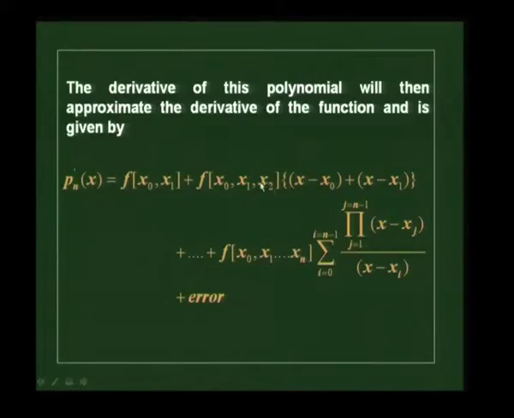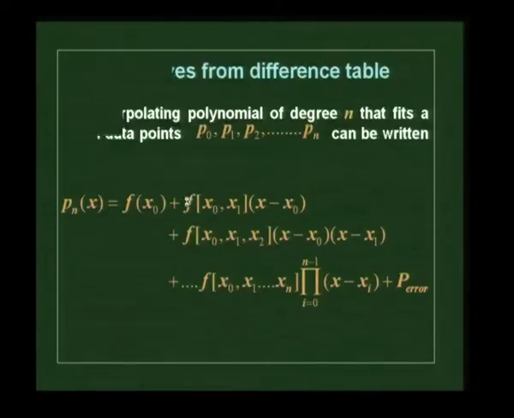Look at this, it is a second order term, and here the first order term. The derivative of the constant does not appear, and the derivative of the first term would be just f of x0 x1, and the next term would be f of x0 x1 x2 times the first order term, that is, x minus x0 plus x minus x1.